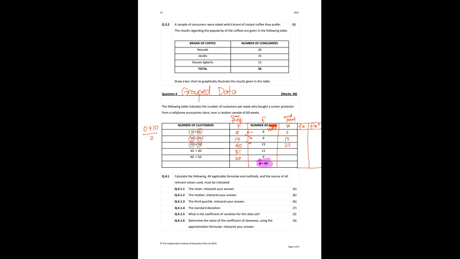So that's your midpoint. And then in the next column, you have fx. So it's each f multiplied by its respective midpoint. I'm just going to put that within brackets so that you don't get confused between the multiplication sign and the x, which is your midpoint.